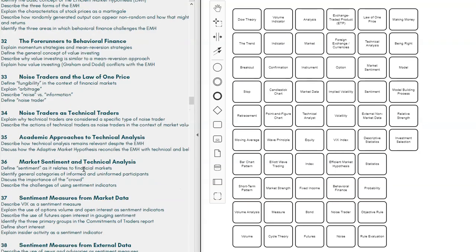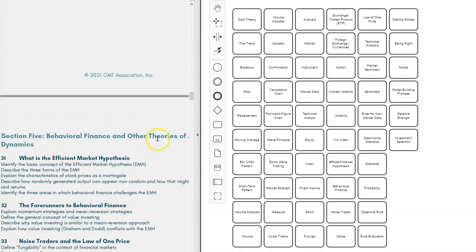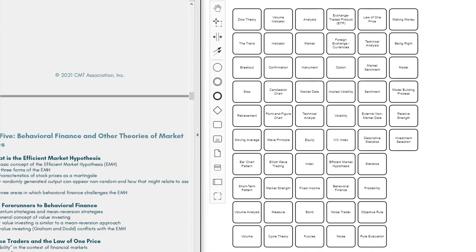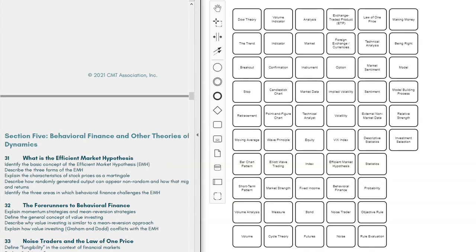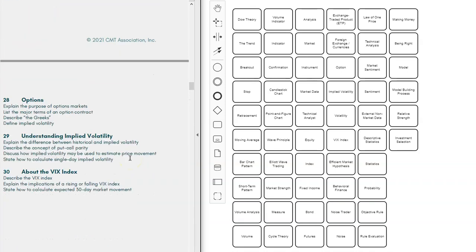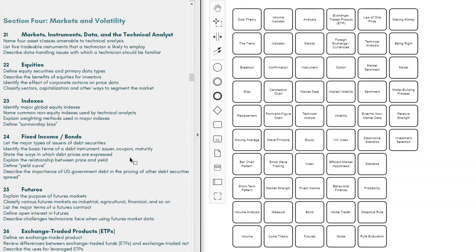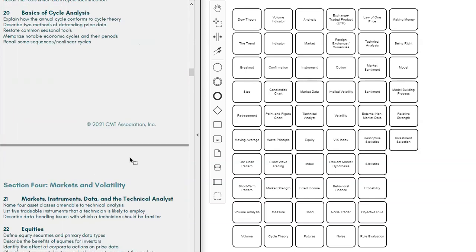See if we missed anything here, just reviewing. We have noise traders, behavioral finance, other theories of market dynamics. All right, that'll get you started.